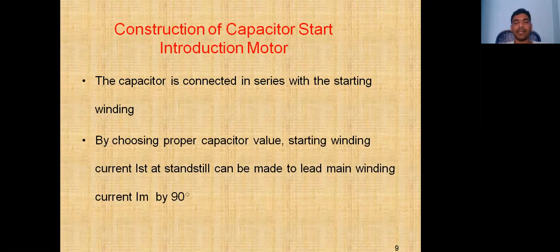Both windings are equally inductive, but the auxiliary winding has a capacitor, so the auxiliary winding current leads the main winding current by 90 degrees.